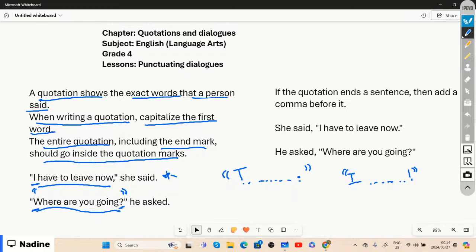It's either a period or a question mark. So both the capitalized first word as well as our end mark need to be inside of our quotation marks.